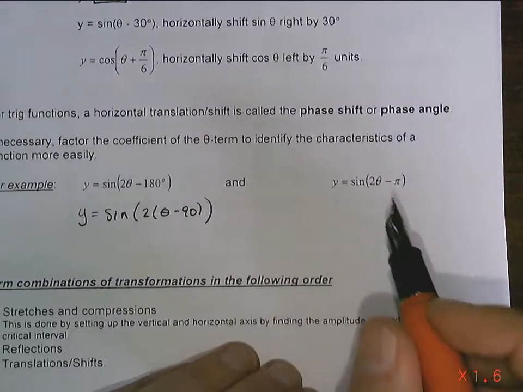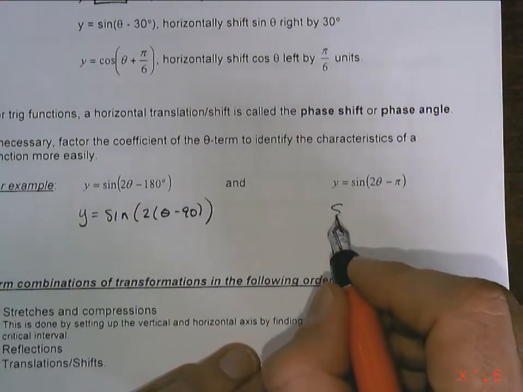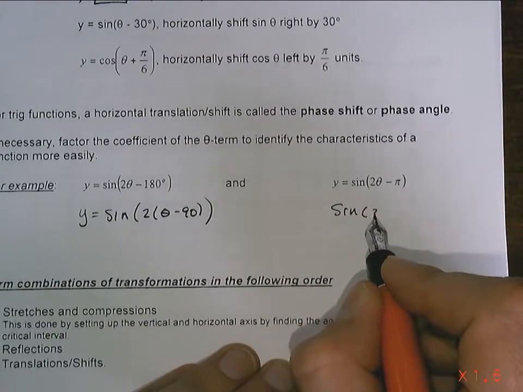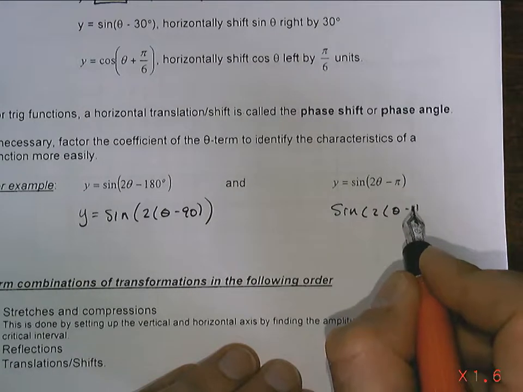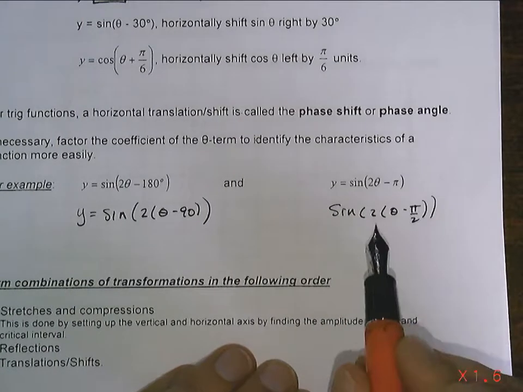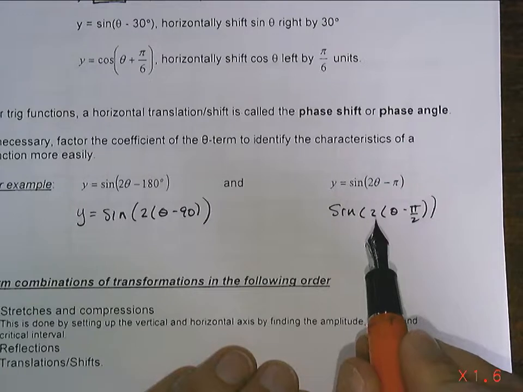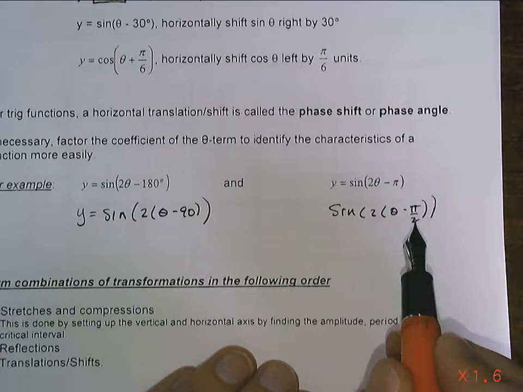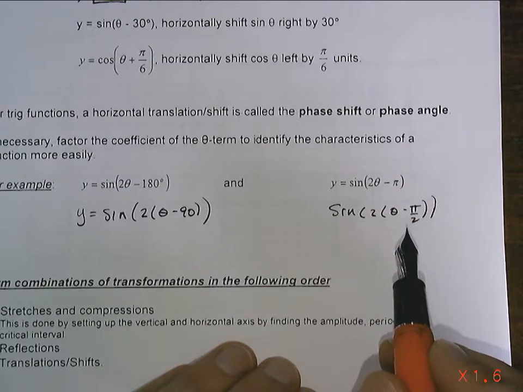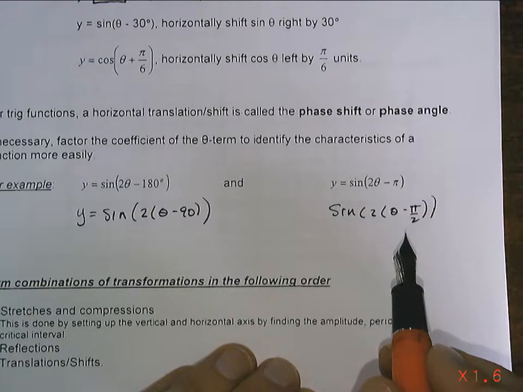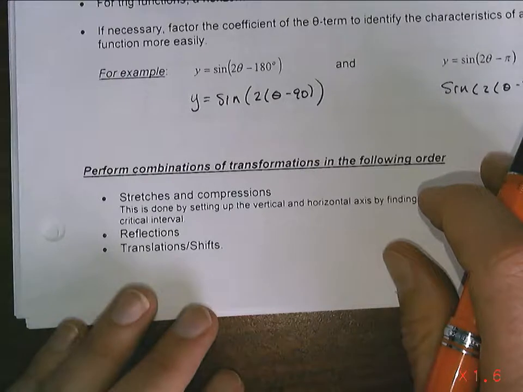And this one over here would be the same, sine the 2 theta minus pi by 2, which means that it is a horizontal compression and movement to the right pi by 2, which is 180 divided by 2, which once again is 90. Very good.